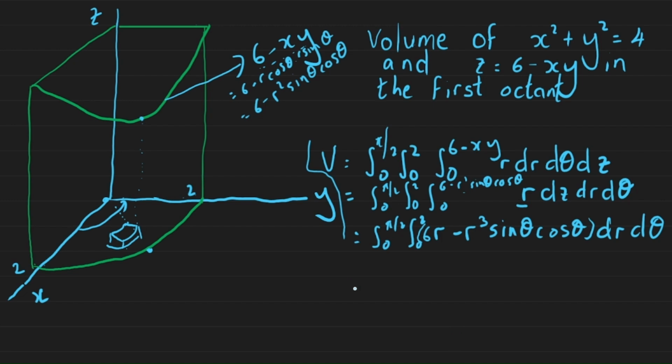So proceeding with this integration, and now integrating with respect to r, what we have is the integral from 0 to pi over 2. The integral of 6r is simply 3r squared minus 1 over 4 r to the power 4, sin theta cos theta.